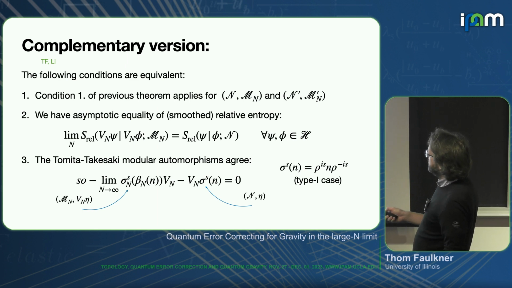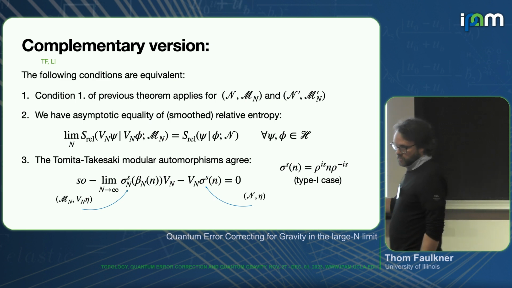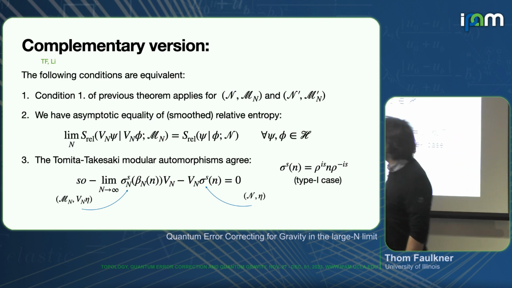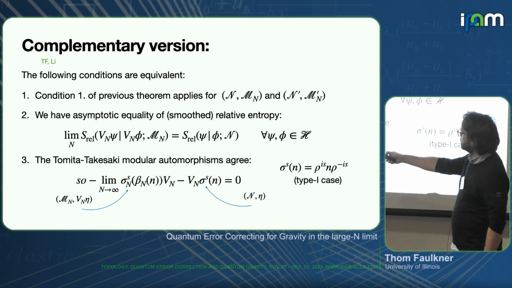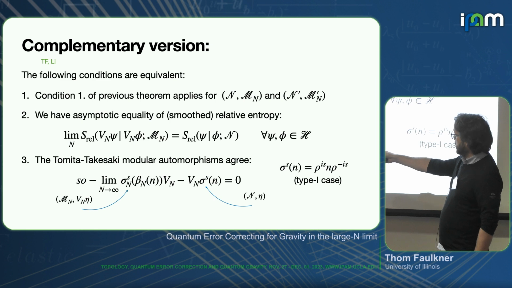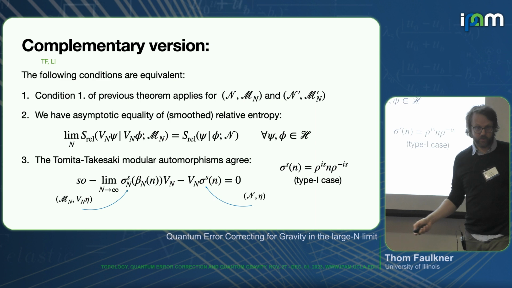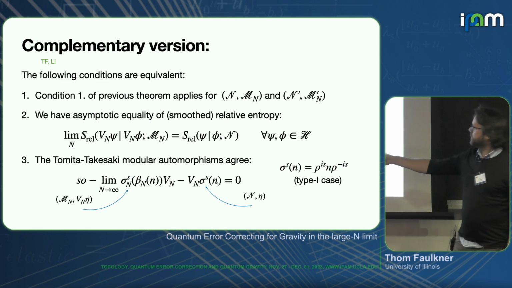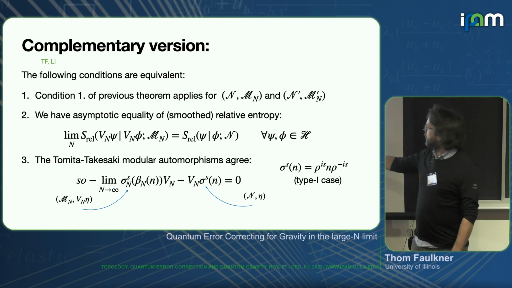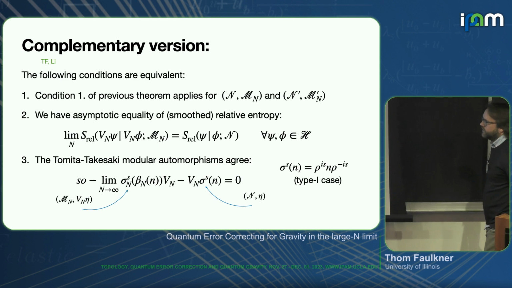If we have both of these things, well, these are actually equivalent. So having both of these things is equivalent to asymptotic equality of the relative entropy. That means I take the relative entropy of any two states in the code, I put them on the physical Hilbert space and compute their relative entropy. That's a sequence of relative entropies. If that limits to the code relative entropy in this algebra N, then that's asymptotic equality of the relative entropy.